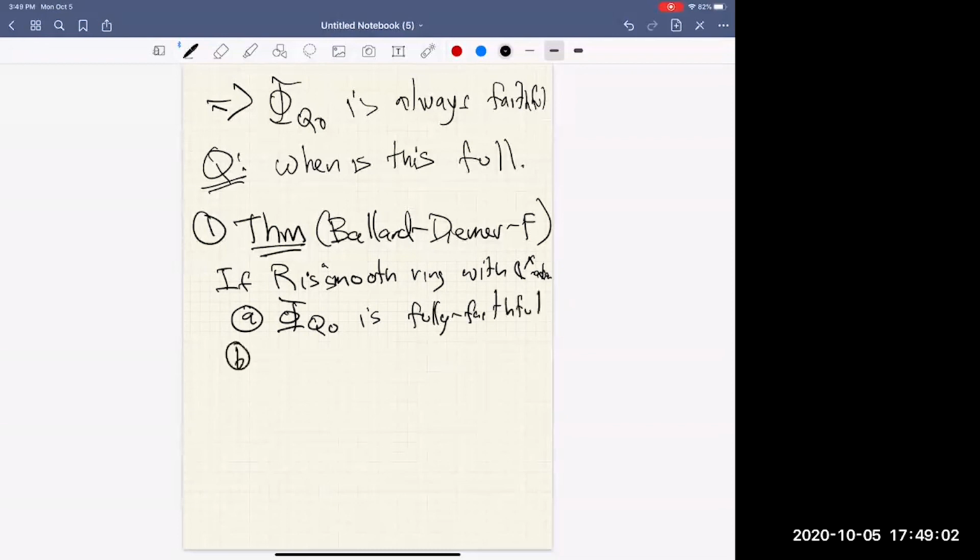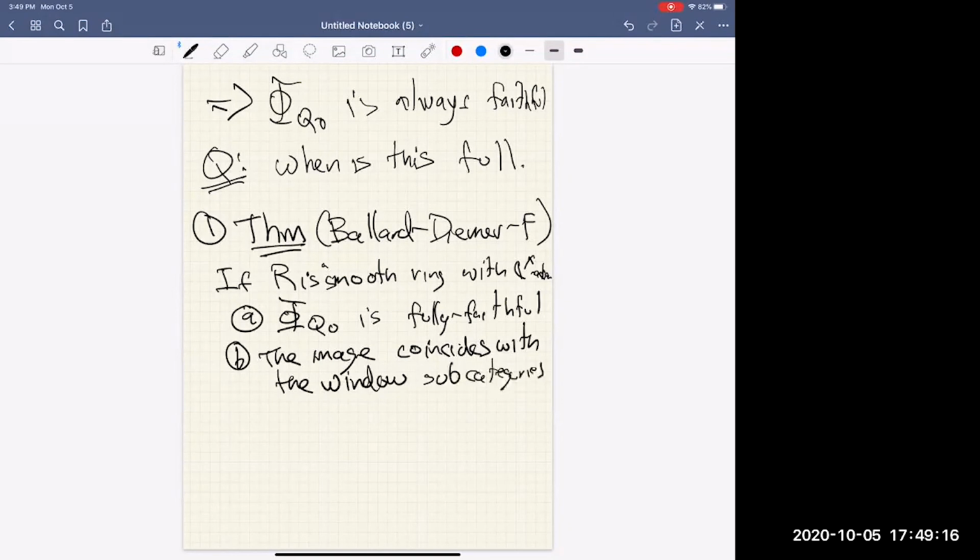B, the image coincides with window subcategories in Ballard, Favero, Katzarkov, and Halpern-Leistner. And so I think I'll skip the definition of that. And so C is that.